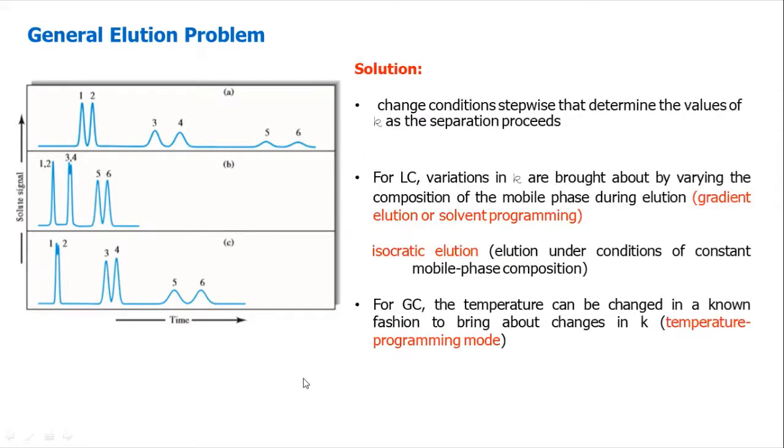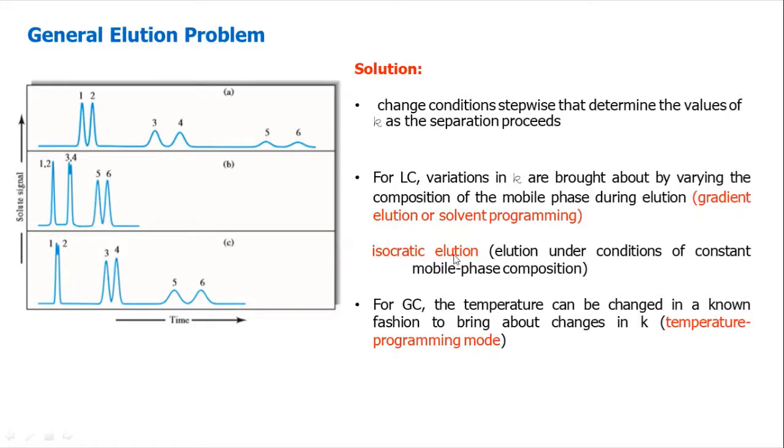For the solution, you can change the conditions stepwise that determine the values of K as the separation proceeds. So for liquid chromatography, variation in K are brought about by varying the composition of the mobile phase during the elution, meaning the gradient elution or the solvent programming. For isocratic elution, also elution under conditions of constant mobile phase composition.